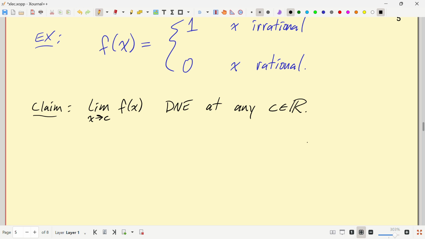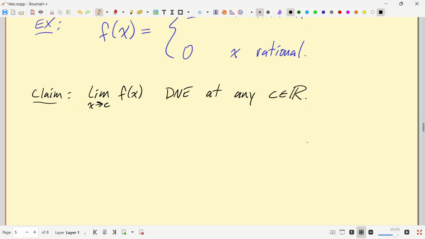Well, c, I don't know if c is rational or irrational. I want to find a sequence of rational numbers that get close to c and another sequence of irrational numbers that get close to c. And remember, we showed that rational numbers and irrational numbers are both dense.